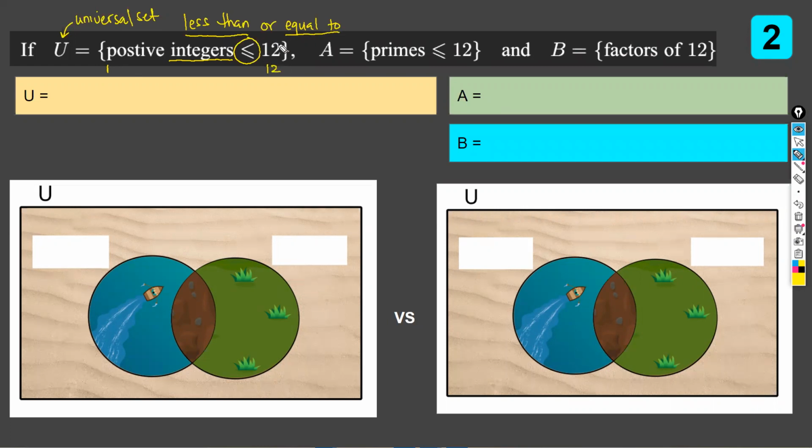So that means 1, 2, 3, 4, 5, 6, 7, 8, 9, 10, 11, 12 is everything in the diagram. A is going to be all the prime numbers less than or equal to 12, and B is going to be all the factors of 12. That's all the values that can go into 12 without leaving what? A remainder.